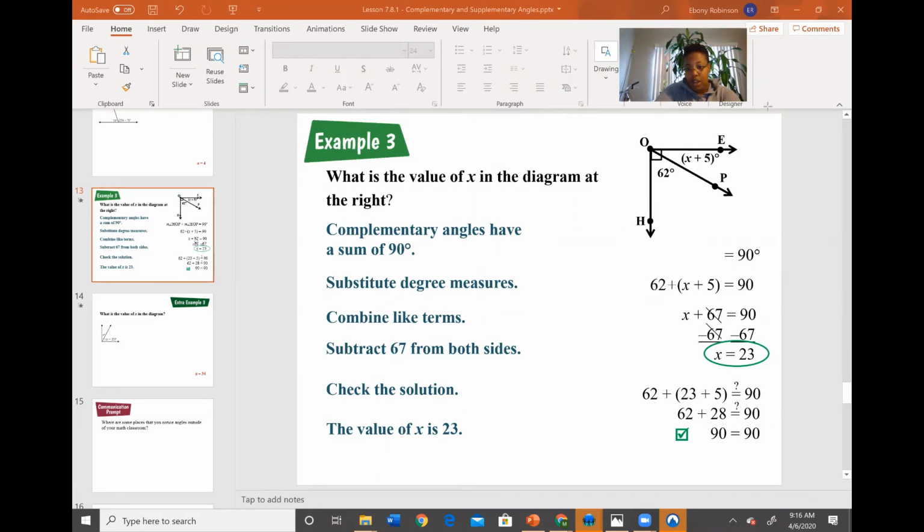I'm gonna do H and E, just so I know H, this angle's over here, E, this angle over here, just to keep it simplified a little bit for you guys. H plus E equals 90.